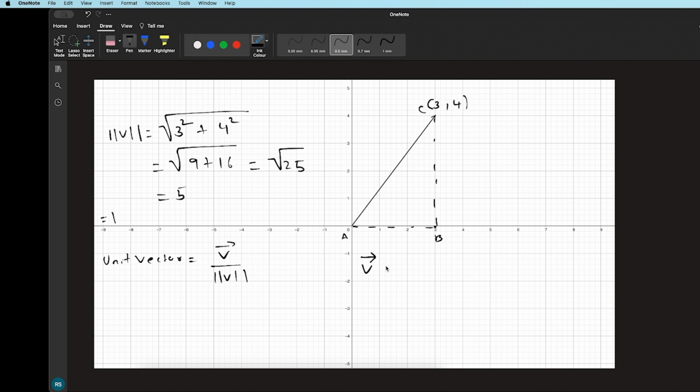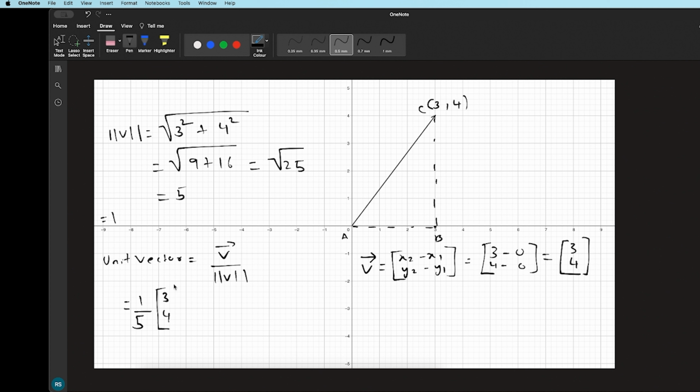I want to define the components of the vector v. The components are x2 minus x1 and y2 minus y1, so it is 3 minus 0 and 4 minus 0, so it is 3 and 4. Based on this definition, I can write 1 by 5, where 5 is the magnitude of the vector, and here it is 3 and 4.